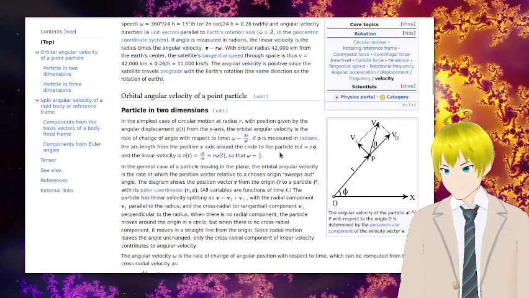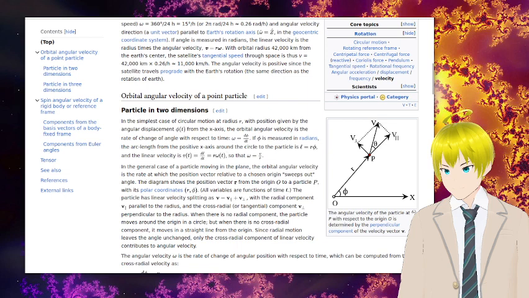It's the degrees per second that you go through. So v equals r omega. I guess the longer the radius, the fewer angles per second you need to go through to get the same velocity.